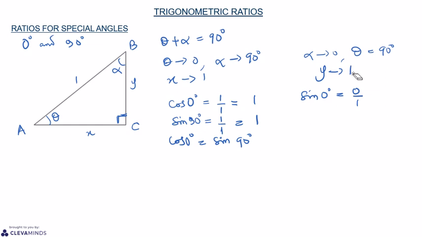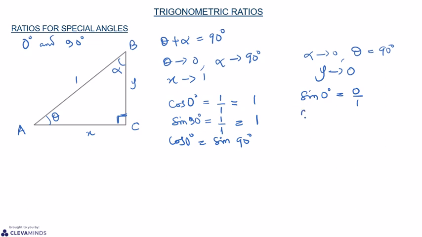Basically, that was a mistake there. Y tends to 0, rather. Y tends to 0, right? So as this becomes 0, we have sine 0 to be 0 over 1. Then the same thing with this. If this is sine 0, then this will be cos 90.